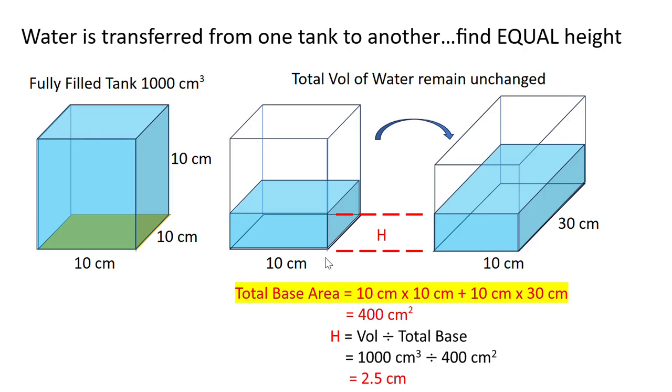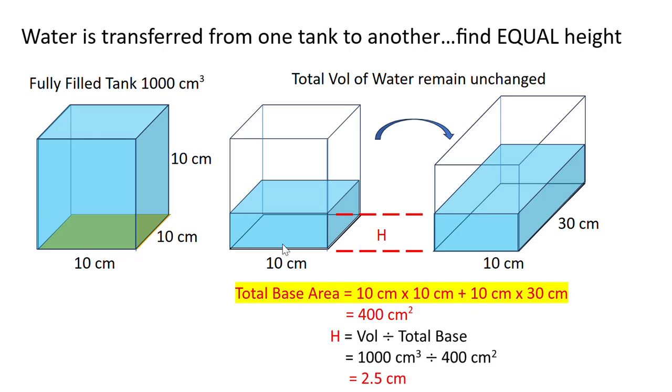The way to do it is quite straightforward. First, you need to know the volume of water. In this case, the volume of water is 1000 centimeter cube. So this blue part plus this blue part is still 1000 centimeter cube, no change.